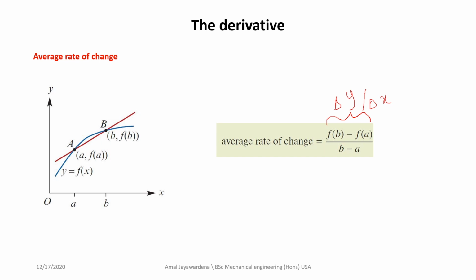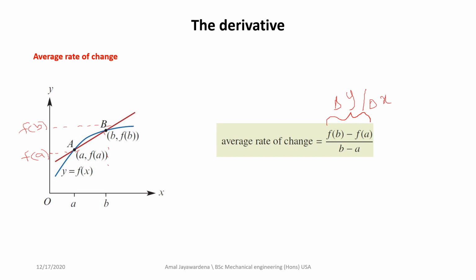They wrote this in a fancy way. f(B) means the y coordinate at B, so this is going to be f(B) right here, right? And f(A) is the y coordinate of A right here, right? So they just got the delta y here.